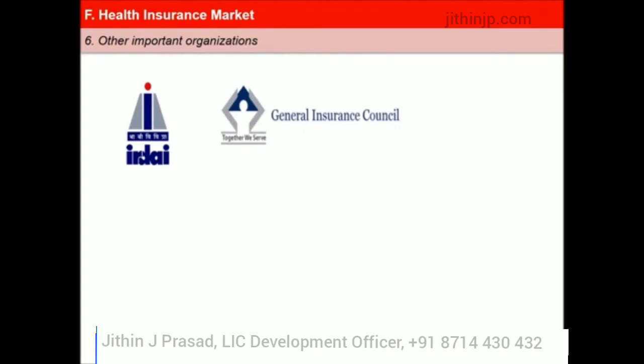It makes recommendations to IRDAI to govern their respective life or general insurance business. Third, Insurance Information Bureau of India. It collects, analyzes, and creates various sector-level reports for the insurance sector to enable data-based and scientific decision-making, including pricing and framing of business strategies.